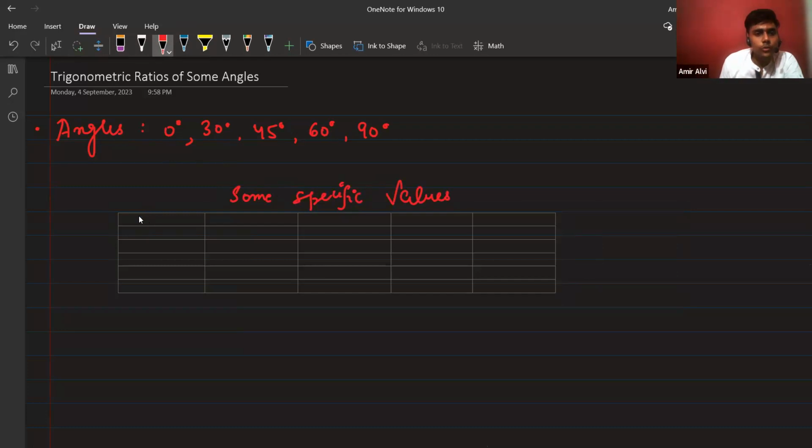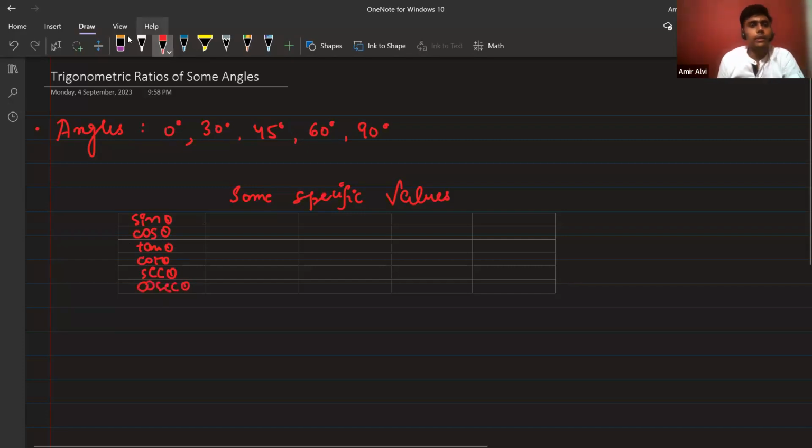Okay. So first would be sine. Then cos. We will be doing in theta form. Sine theta, cos theta, tan theta. We will be doing cot theta, then sec theta, and we will be doing cosec theta.